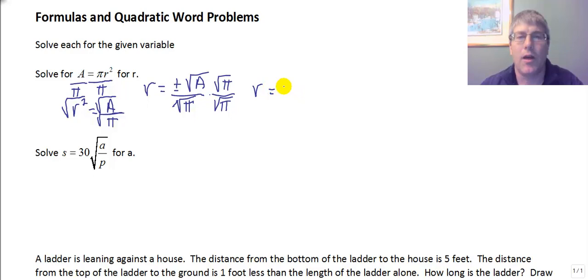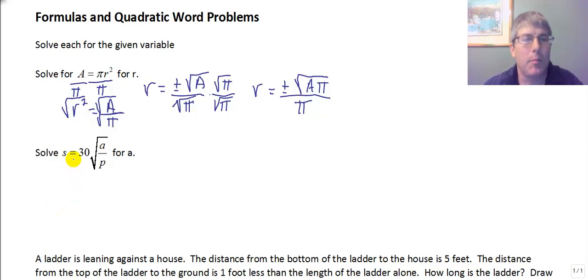That leaves us with r equals plus or minus the square root of A times pi, all over, and of course radical pi times radical pi, or square root of pi times square root of pi, is pi. And that is our final answer for r.